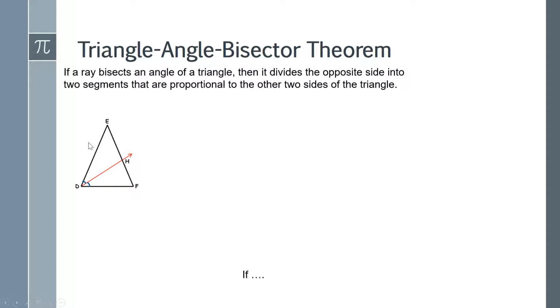And let's see how I wrote it. I think I wrote it actually the other way. So if DH bisects EDF, which it does, we can tell by these marks, then FH over EH equals DF over DE. So this section over this section, and then the sides that correspond to those parts over each other.